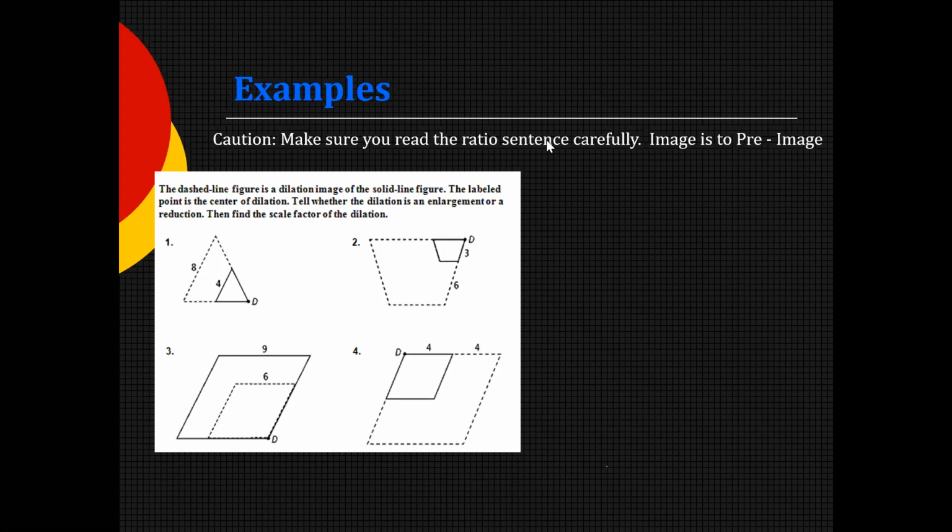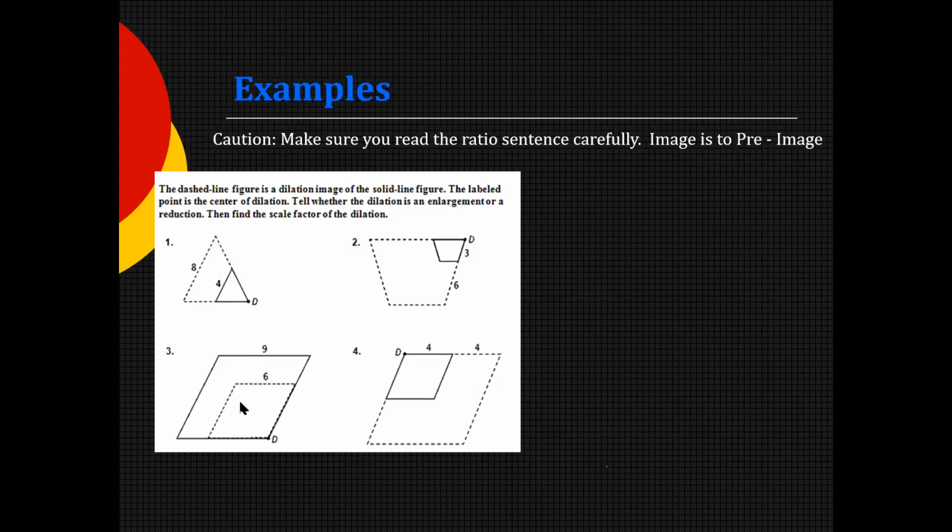No. Divide image by object before you answer. What are the 2 corresponding sides you have? You have the 6 and the 9. Let's divide.